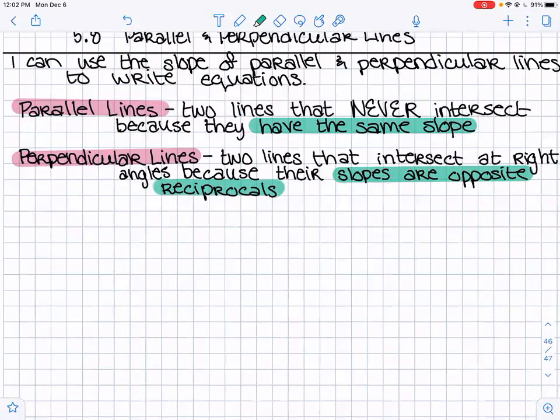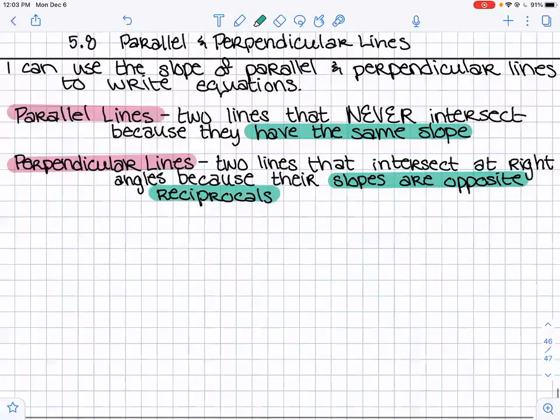Okay, so opposite reciprocal means you change it. If it's positive, you change it to negative, and then you flip it upside down. Okay. So slopes are always opposite reciprocals in perpendicular lines. So, has everybody got enough time to write? I'll give you a second.